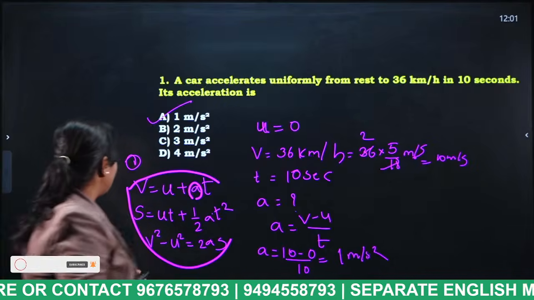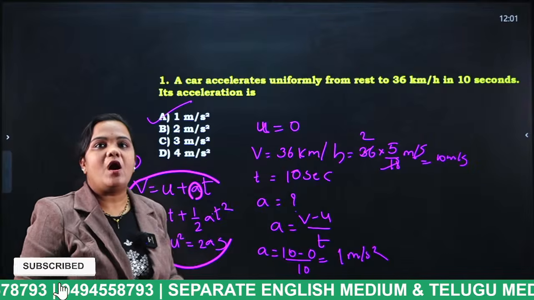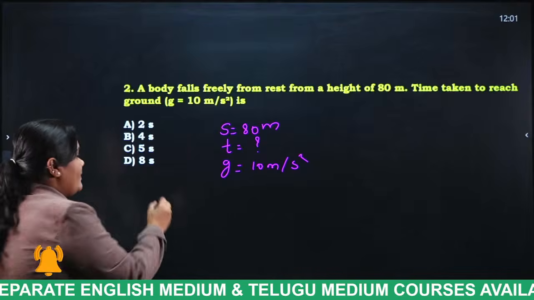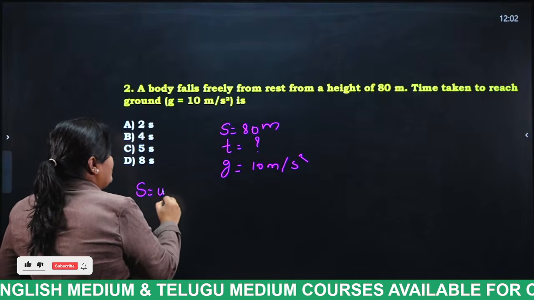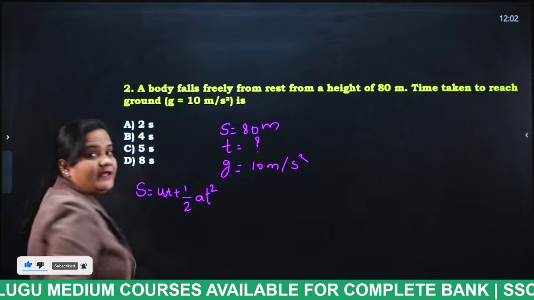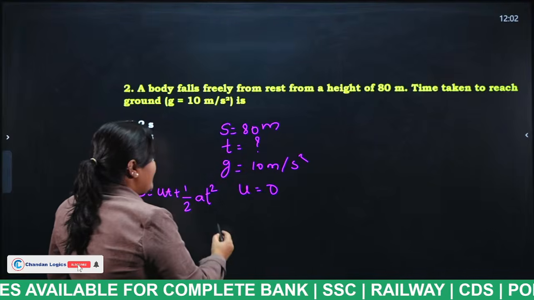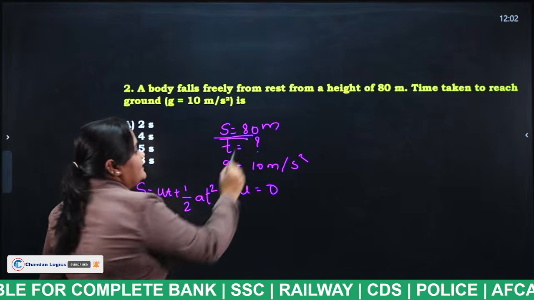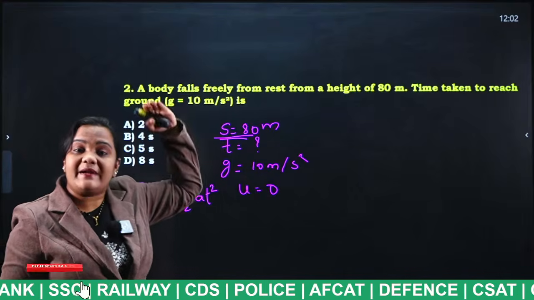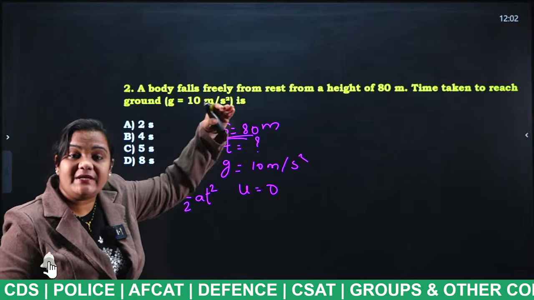Now look at these three formulas, students. Which formula will be applicable to this problem? All of you try to solve it. S = ut + 1/2 at². And we already know that the initial velocity will be 0. They have already given you the displacement: the object has fallen from a height of 80 meters from rest.